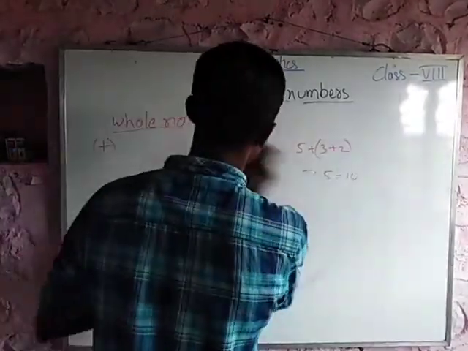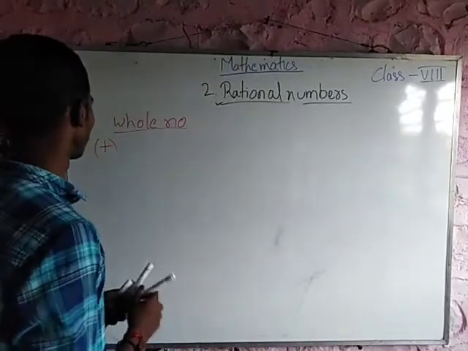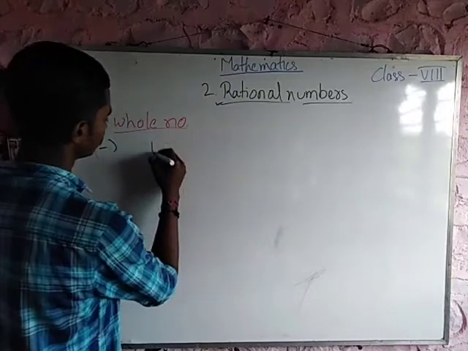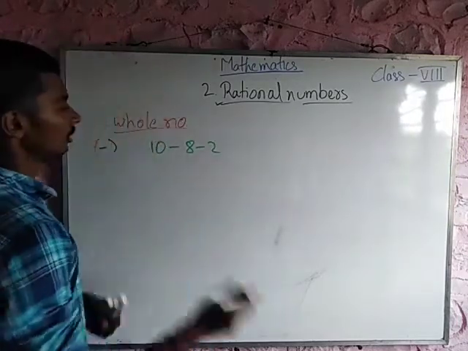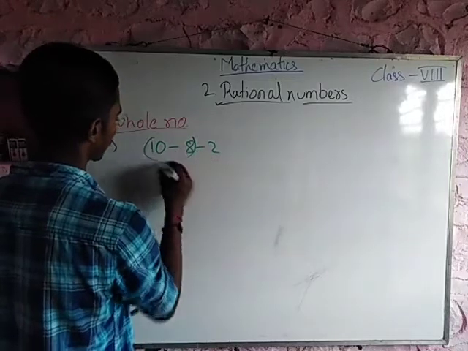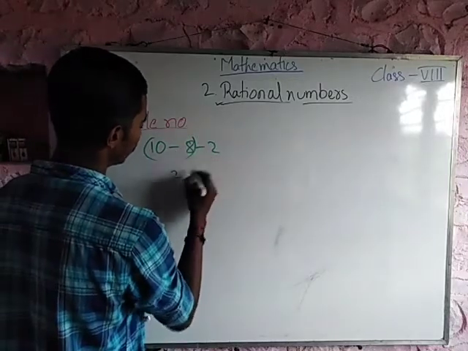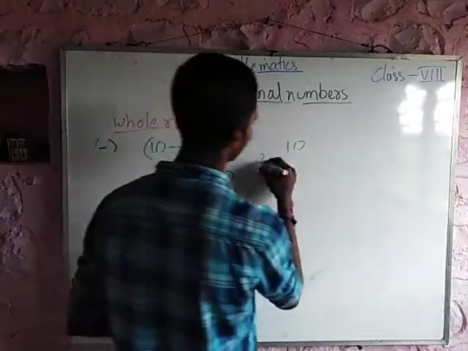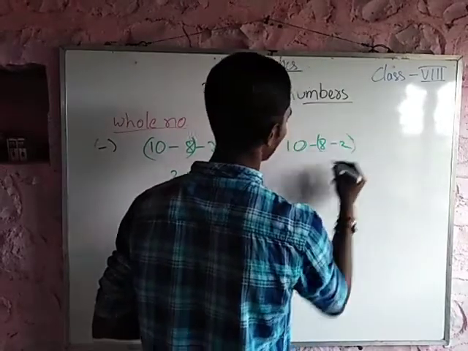Now subtraction. Okay, one way. First way is first two numbers, 10 minus 8 is 2 and 2 minus 2 will give me 0. Second method is this way.